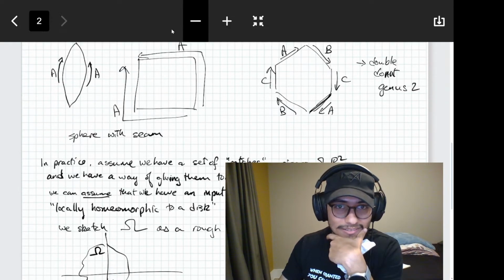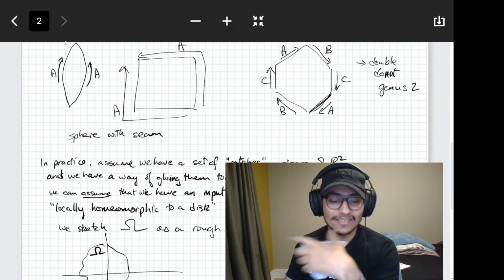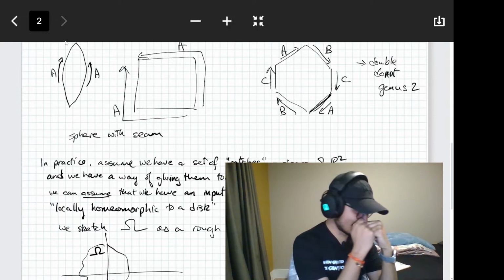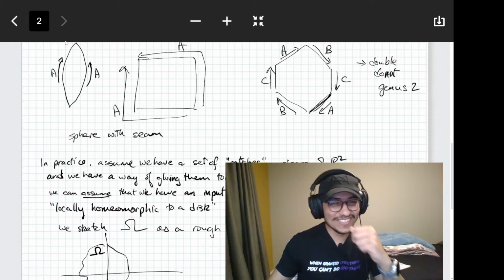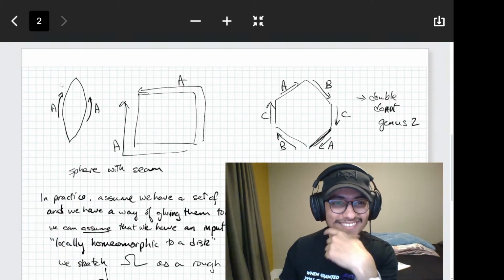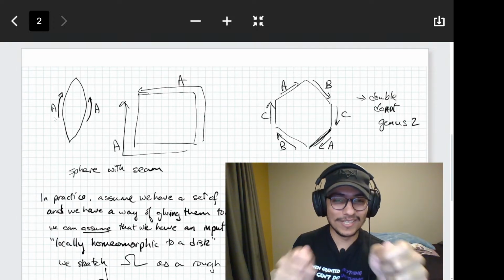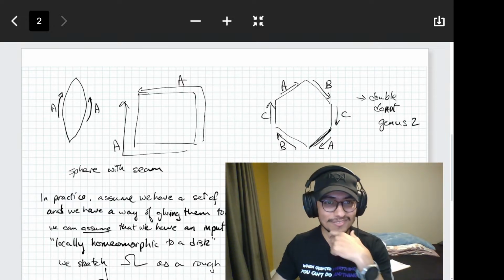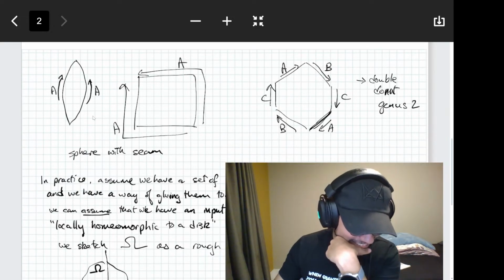If you glue along these arrows, you will get some sort of shape. There's no name to this shape, bro. You can glue it along that. It's hard to tell.